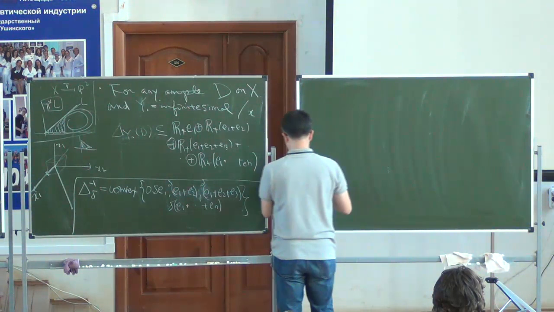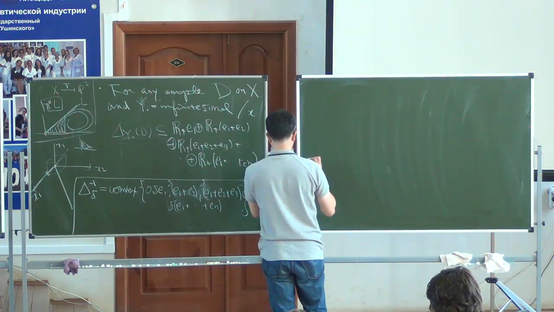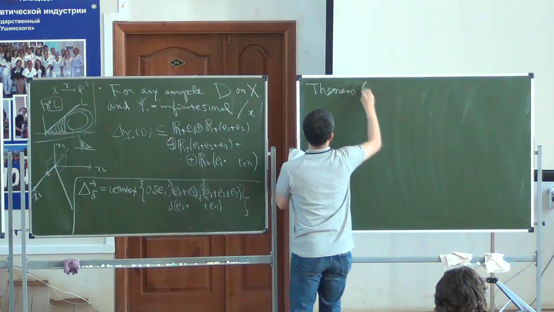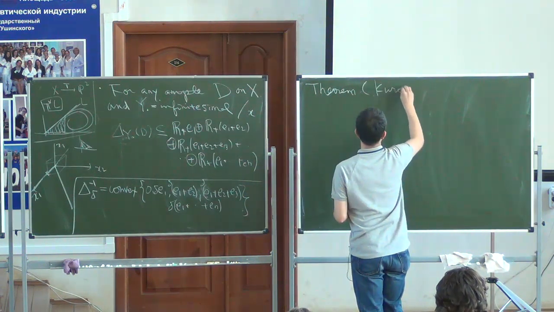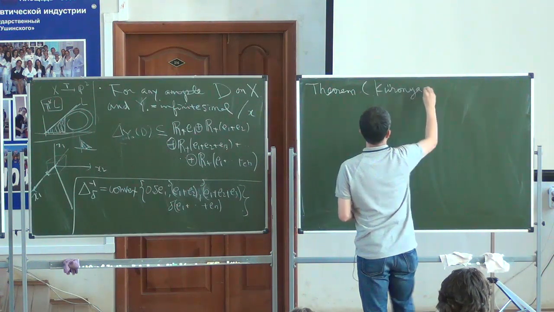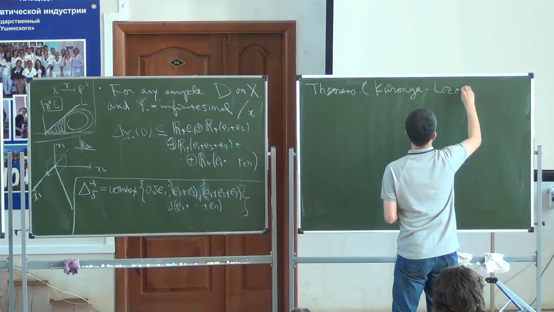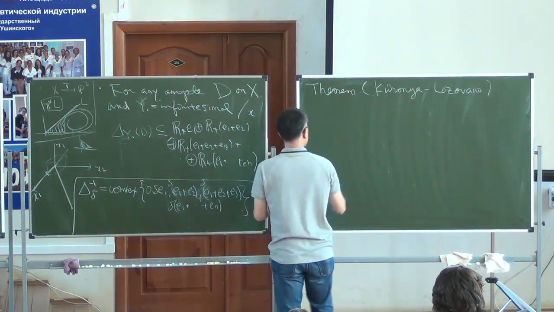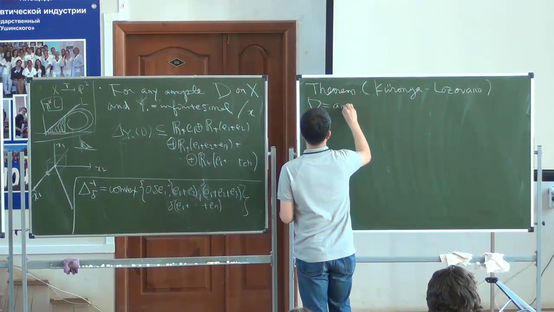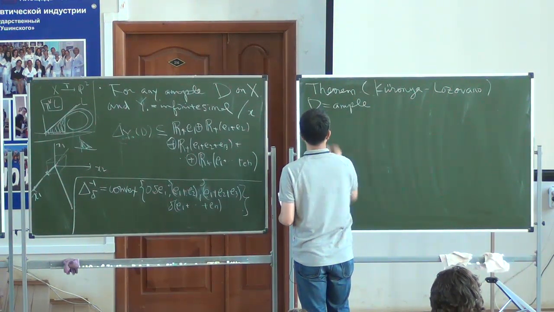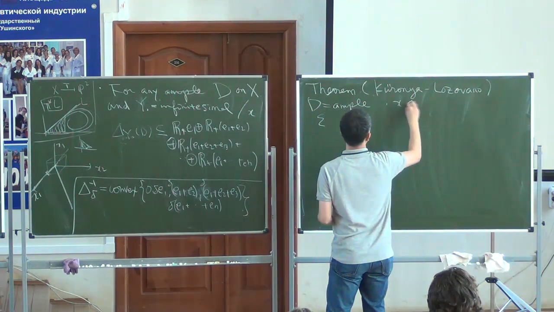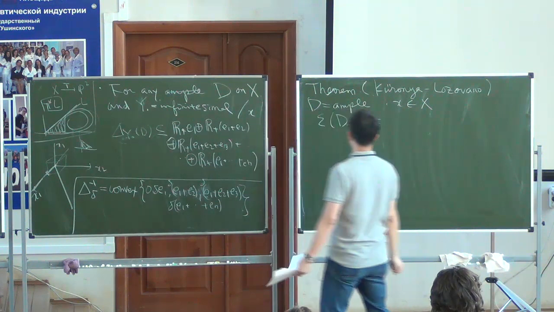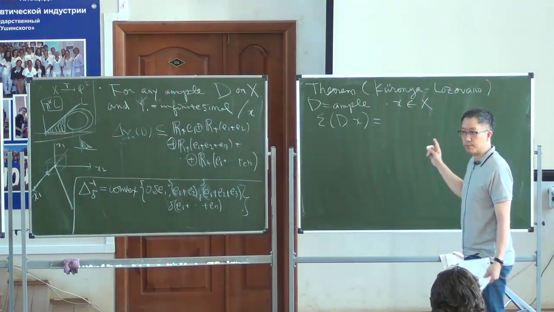So actually, this is a theorem by Küronya and Lozovanu. D is ample, and x is a point of X, and then the Seshadri constant can be precisely computed using the Okounkov bodies.